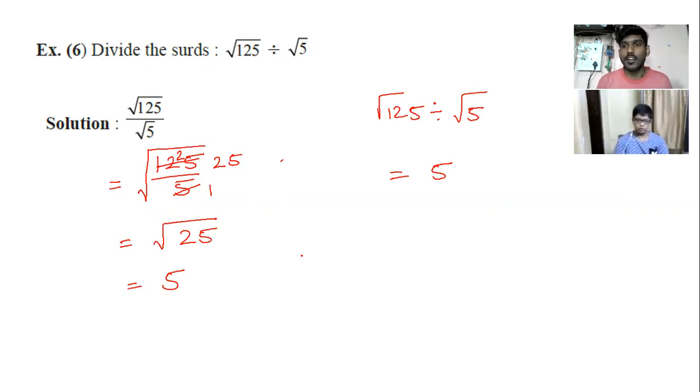Then only you can add or subtract. But for multiplication and division, you can directly take the radical sign common and multiply the numbers inside. Is it clear? Yes, sir. Okay, I want you to write this one. Write down this.